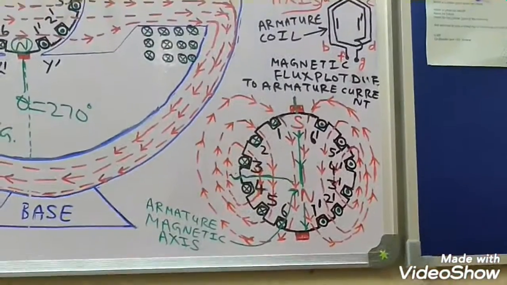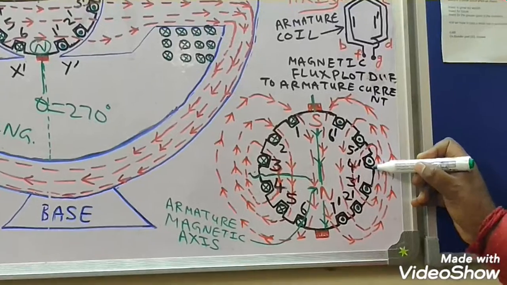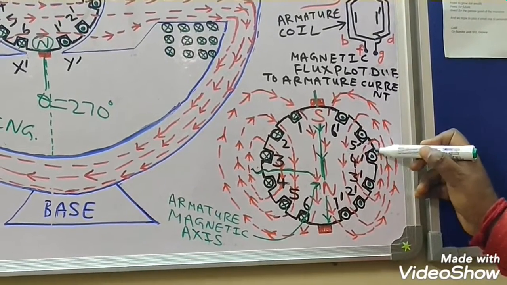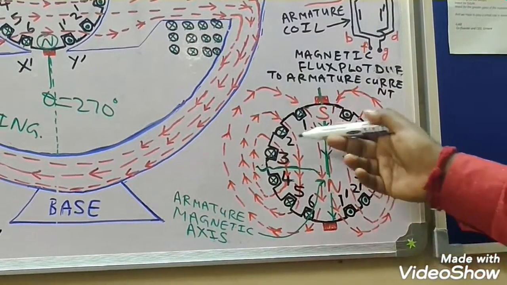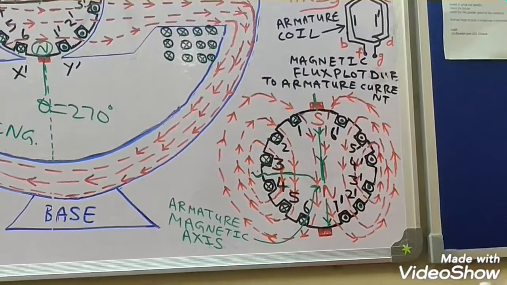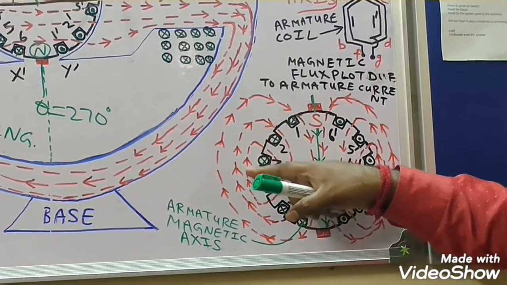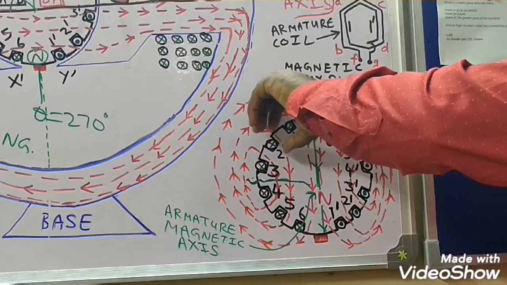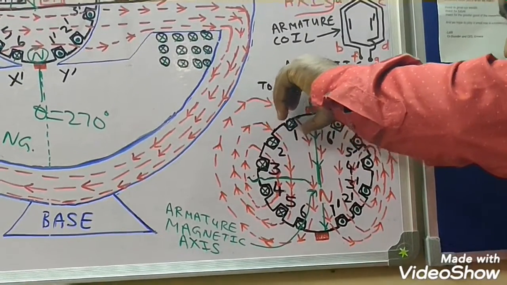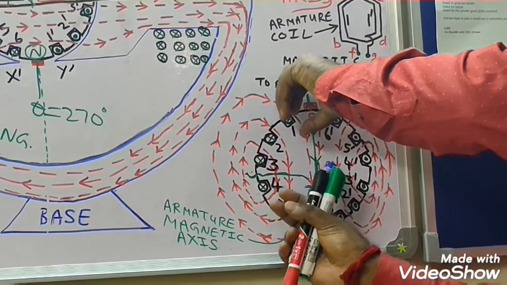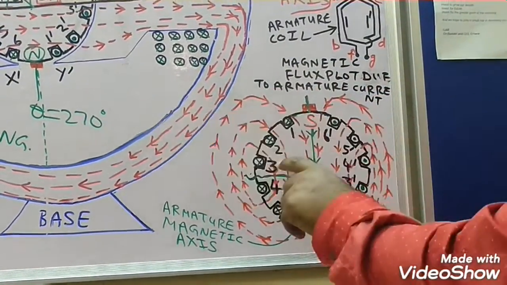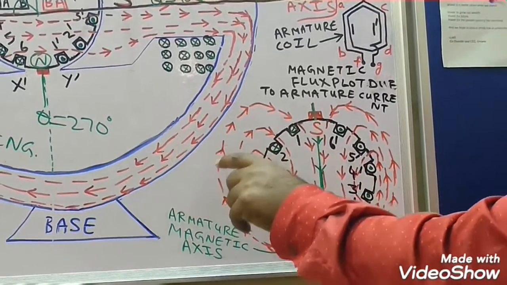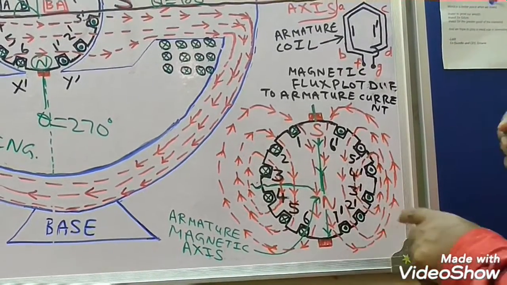You can argue that we can also take the developed view by cutting between 3 dash and 4 dash. That can also be done. I am cutting it between 3 and 4 dash. So imagine that the armature core is being cut there, and I am holding this top portion with my left hand and this bottom portion with my right hand, and I am making it straight. So slot number 3 will come here, then 2, 1, 6 dash, 5 dash, 4 dash, that way.